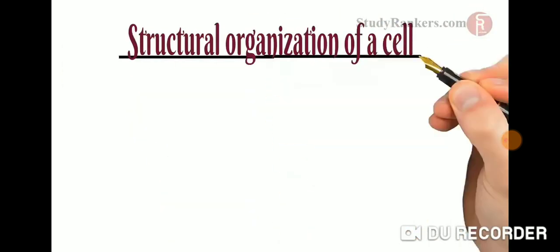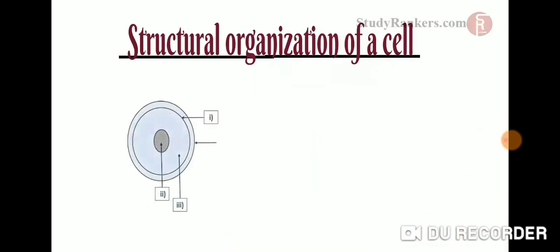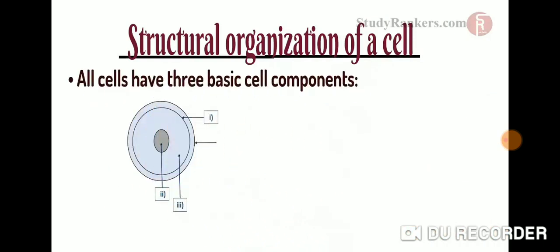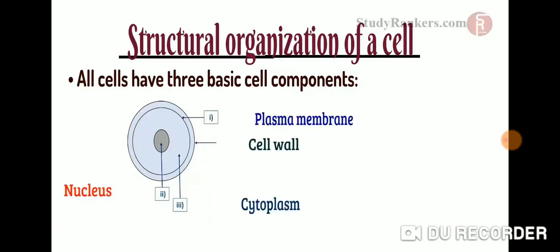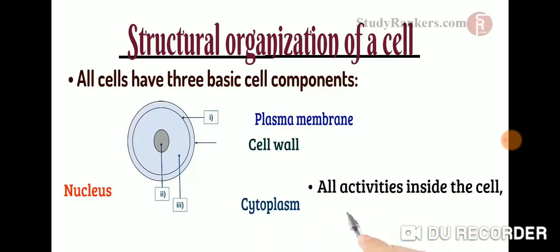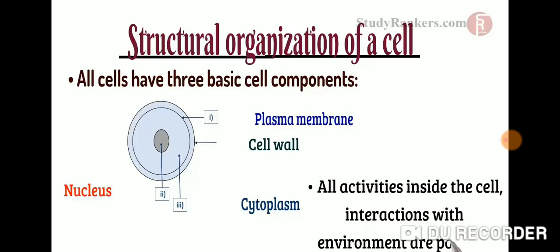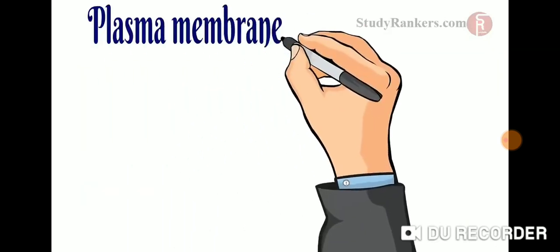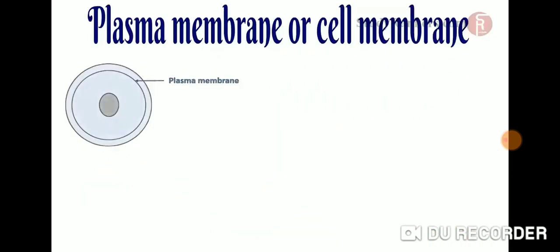The structural organization of a cell. Basically, all the cells have three basic cell components, which are plasma membrane, nucleus, and cytoplasm. All activities inside the cell and interaction of the cell with its environment are possible due to these features. Let's see how. Plasma membrane or cell membrane.